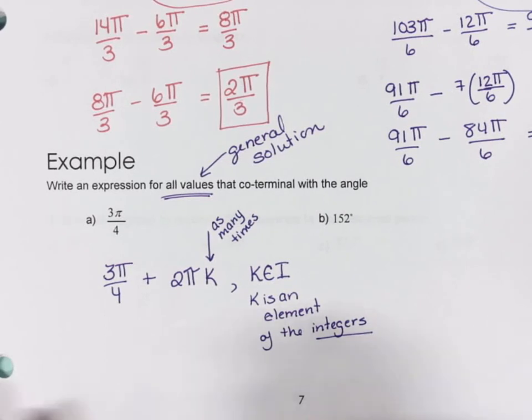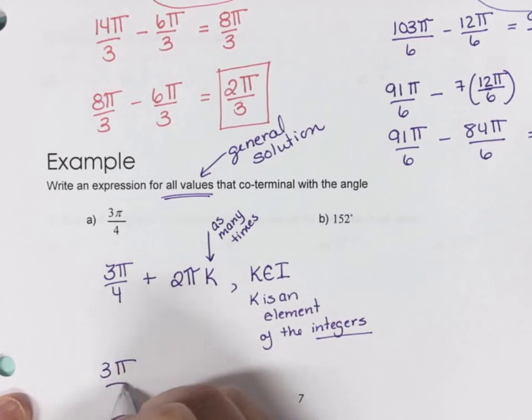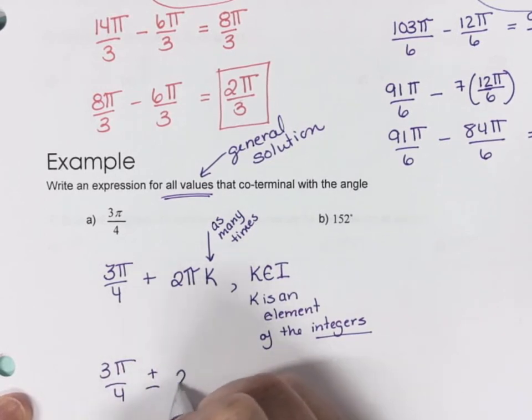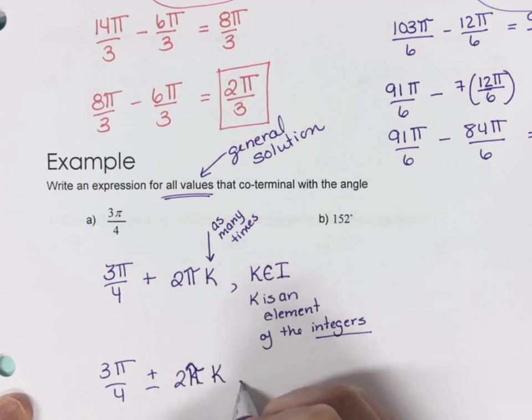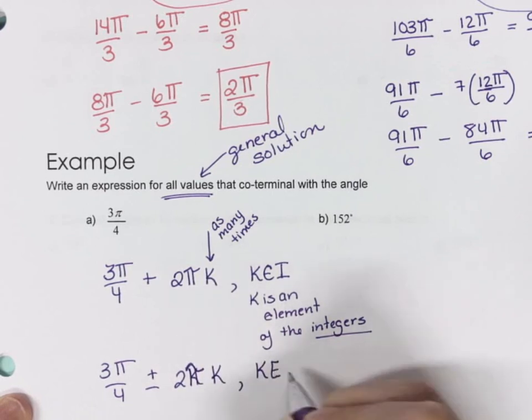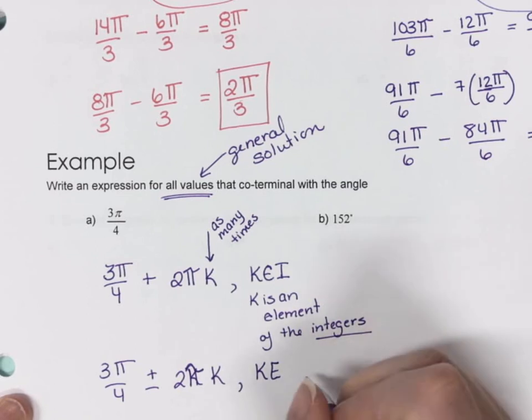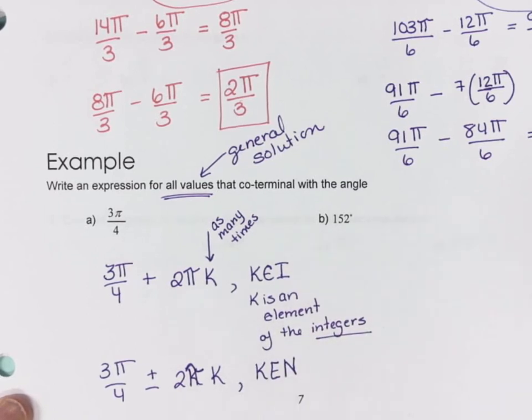Okay, you could do it this way too. Oh, sorry, that should be a pi. 2 pi k, element of... what are N's? Natural numbers.